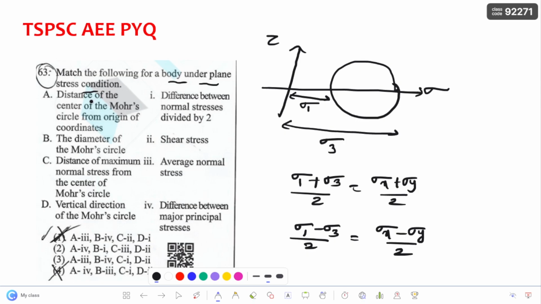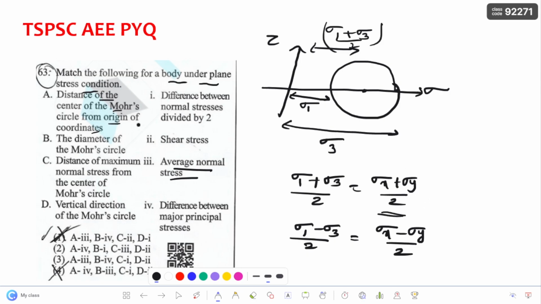You can see here, distance of the center of the Mohr circle from origin of coordinates. From origin to center of the Mohr circle is asking the distance. It should be equal to (sigma 1 plus sigma 3) by 2. Okay, here you can see the option average normal stress. You all know that (sigma 1 plus sigma 3) by 2 is (sigma x plus sigma y) by 2.